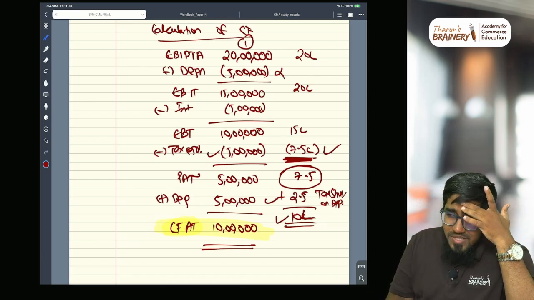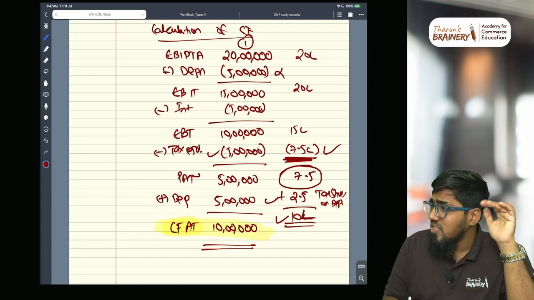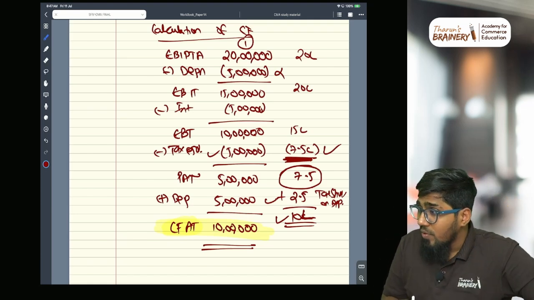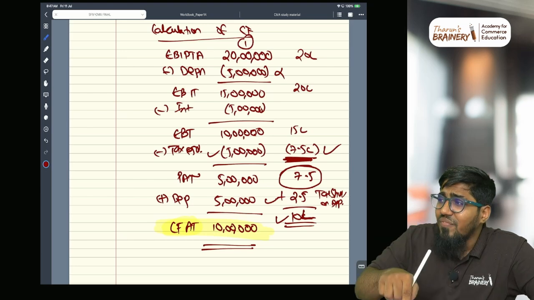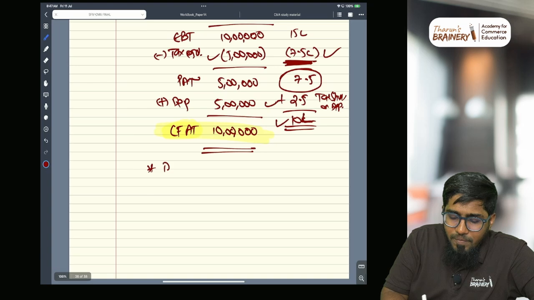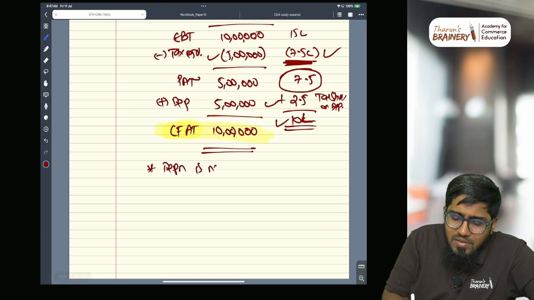Which means, depreciation is a non-cash expenditure. Depreciation is not directly affecting your cash flow, but it is indirectly affecting your cash flow through taxes. It's a very important point. Depreciation is a non-cash expenditure.